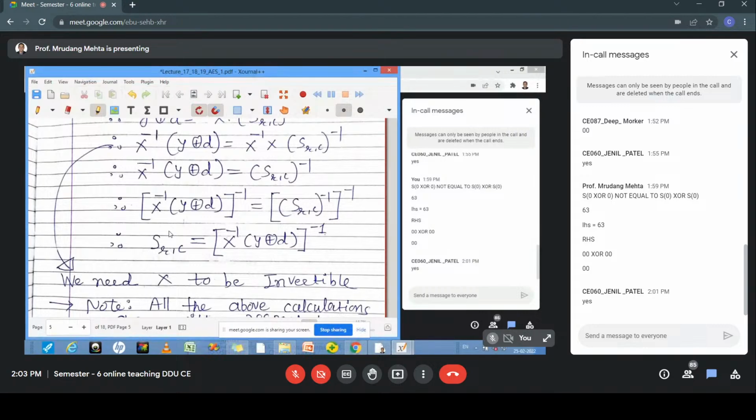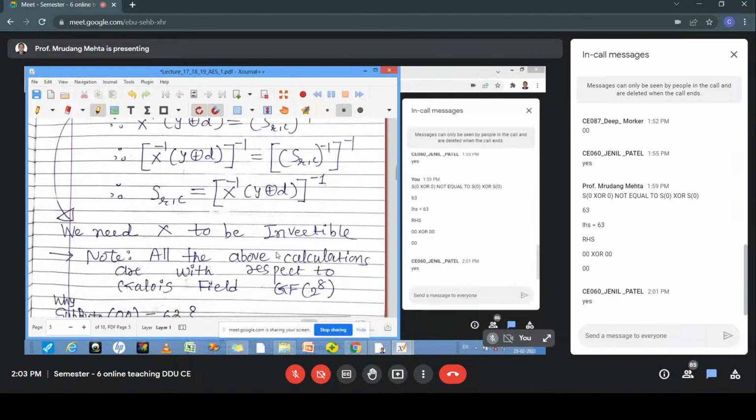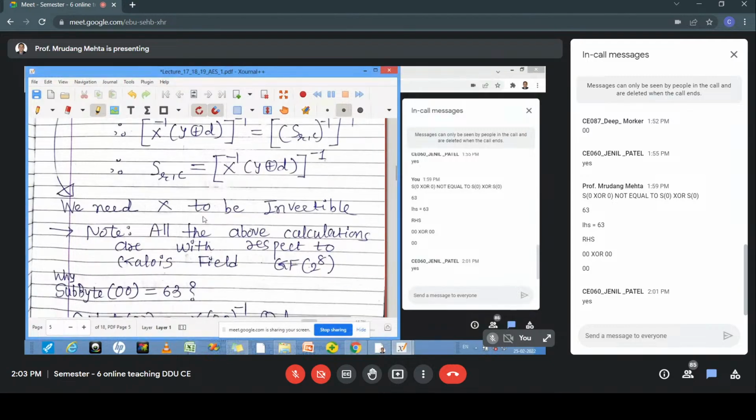So sub byte is invertible, and that is X inverse into Y XOR D and the whole inverse. So we need X to be invertible, right? So this X which we are taking should be invertible. We cannot take an X which is not invertible. All the above calculations are with respect to Galois field. This you have to remember.